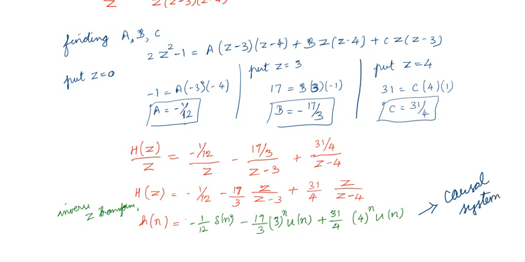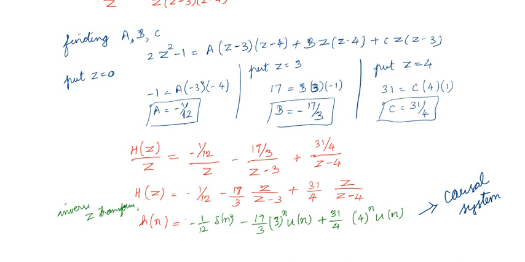Causal system means what? Only u of n, that is, h of n is present only for positive values of n. For negative values of n it is 0. That is very important, because there are Z transform pairs we already know from the earlier video. Z by (z minus 1) has inverse Z transform u of n. Similarly, Z by (z minus 1) also has inverse Z transform minus u of (minus n minus 1).